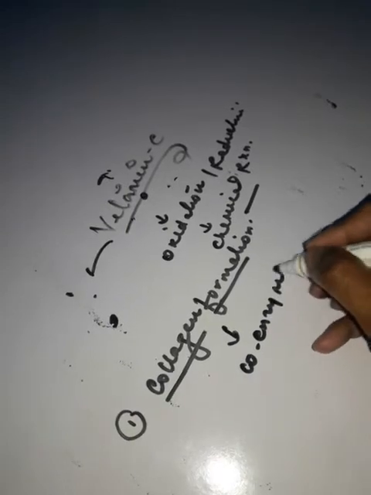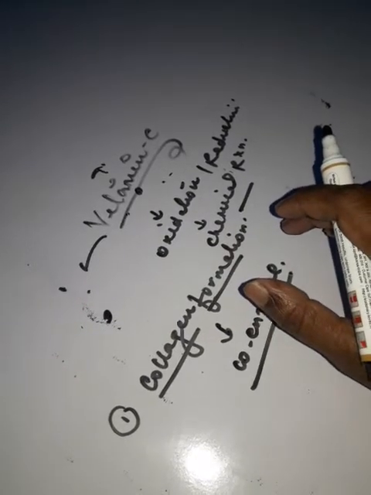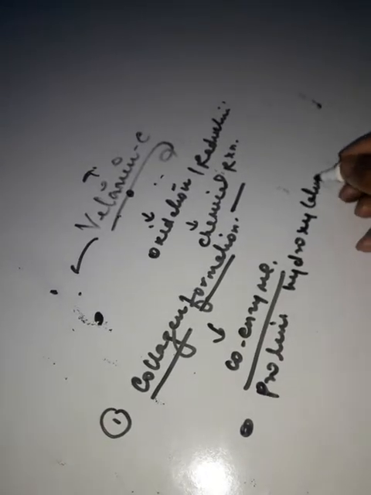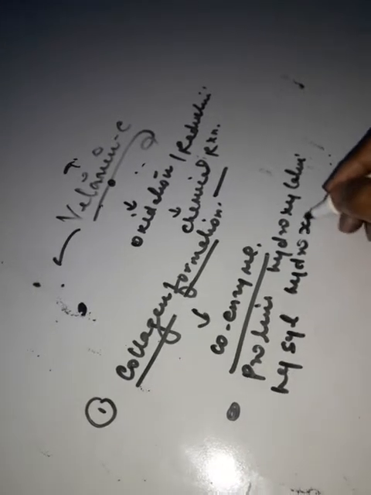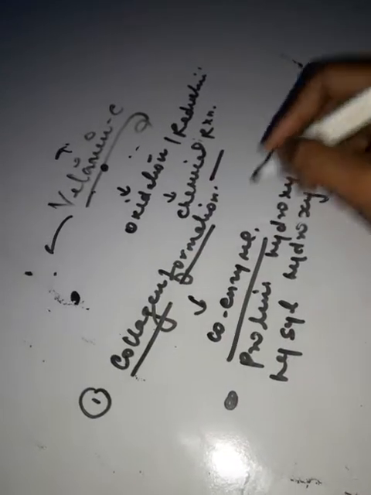So here it acts as a coenzyme first of all, for proline hydroxylation and lysyl hydroxylation. These two chemical steps take place in collagen formation, in which it acts as a coenzyme here.